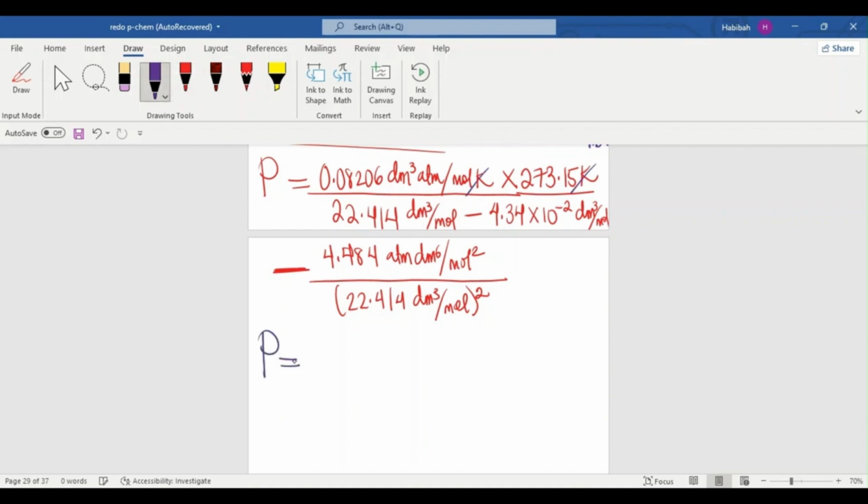Next, pressure is equal to 0.08206 times 273.15. When you do the calculation, you end up getting 22.41469 atmosphere dm cube per mole.